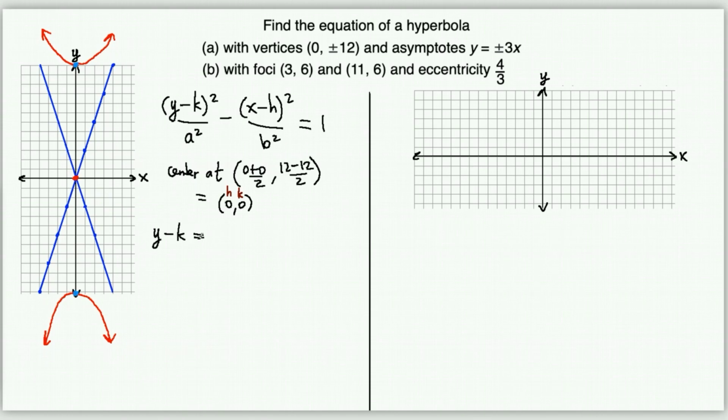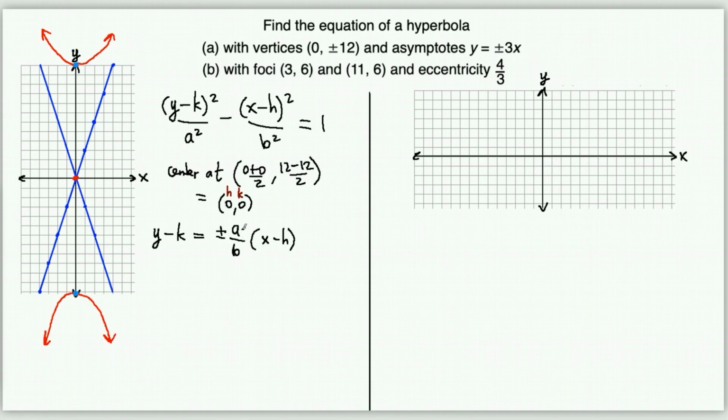Y minus k is equal to plus minus a over b times x minus h. Okay, we know that. All right. Now it's a over b and not b over a. B over a will be only when the focal axis is parallel to or on the x-axis. In this case, it's parallel to or on the y-axis, so it's going to be plus minus a over b, not b over a. Right?